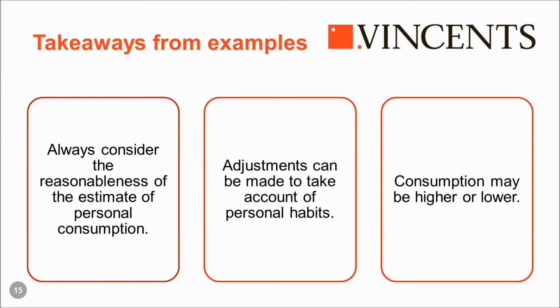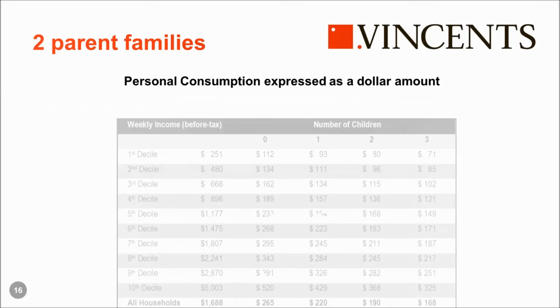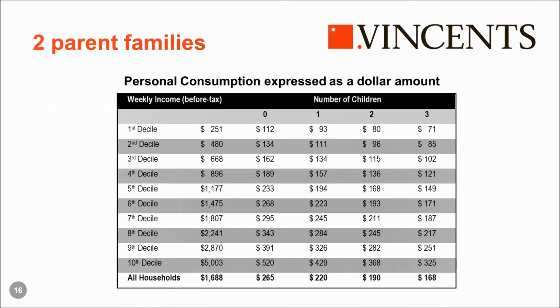So you should always keep in mind that these numbers, which are the personal consumption estimates under the statistical approach, can at any point in time be adjusted upwards or downwards to take account in some way of the deceased's personal habits.